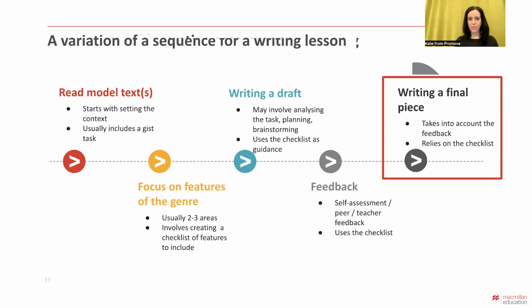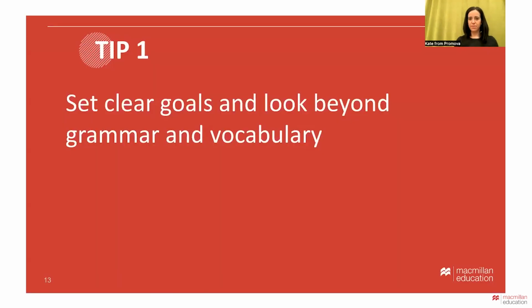But how does this happen? What things are there for us which help us achieve all this? And I'm going to talk about a couple of practical tools which are all part of formative assessment of writing.